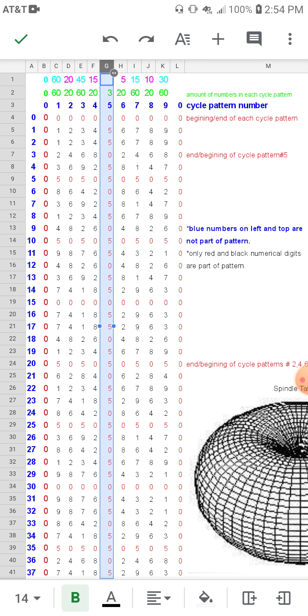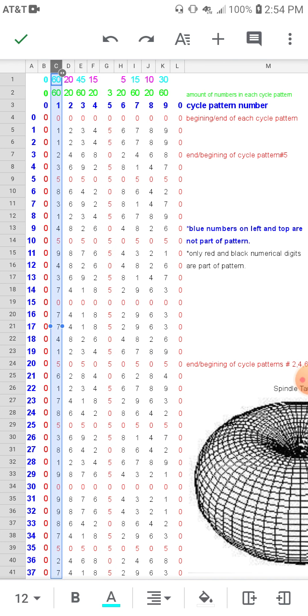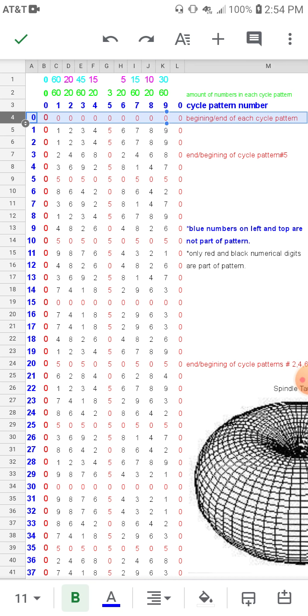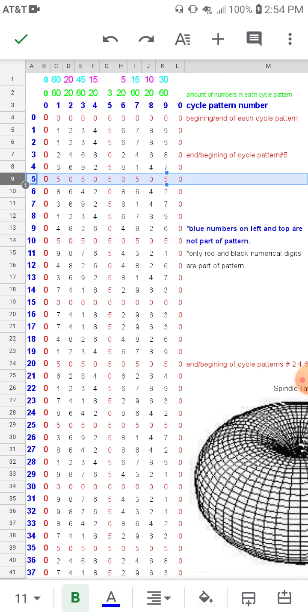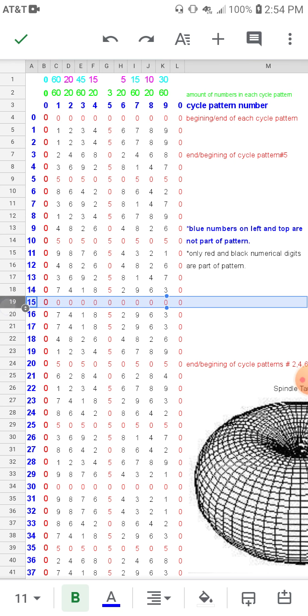So another thing that I noticed is that you see these red zeros right here, or the red rows, 0s and 5s and then 0s. It corresponds with every 0 in the 2 corresponds with the 0 or 5 in the 1.